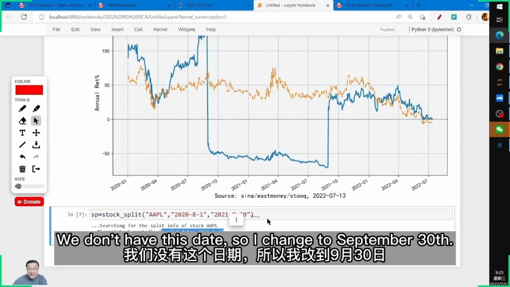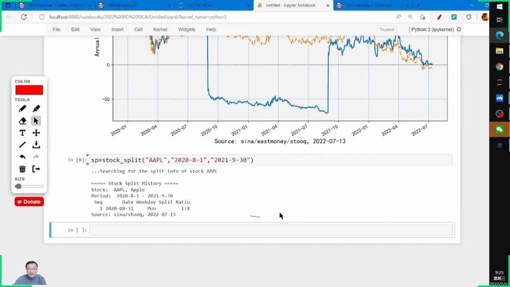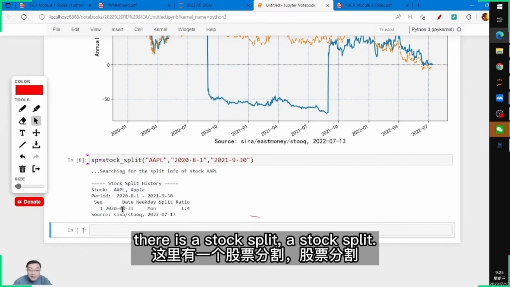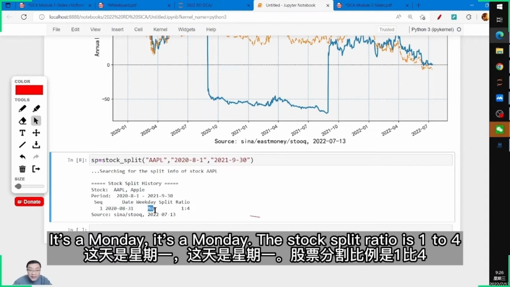We don't have this date, so I changed to September 30th. Okay, we find out there is a stock split on 2021 August 31st. It's a Monday. The stock split ratio is 1-4.